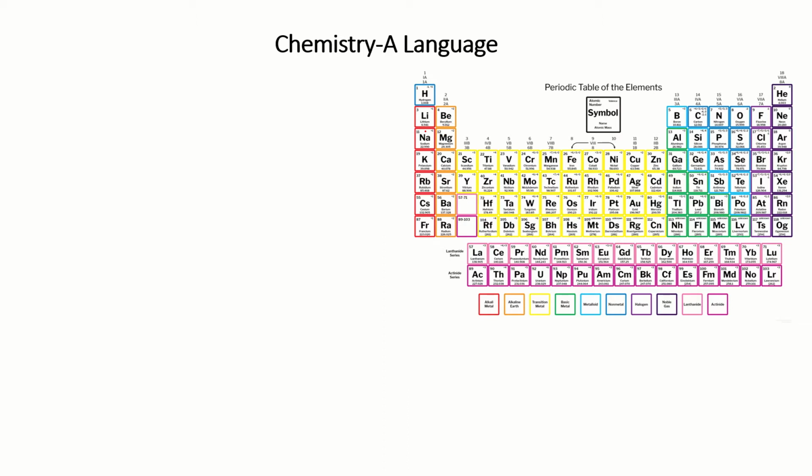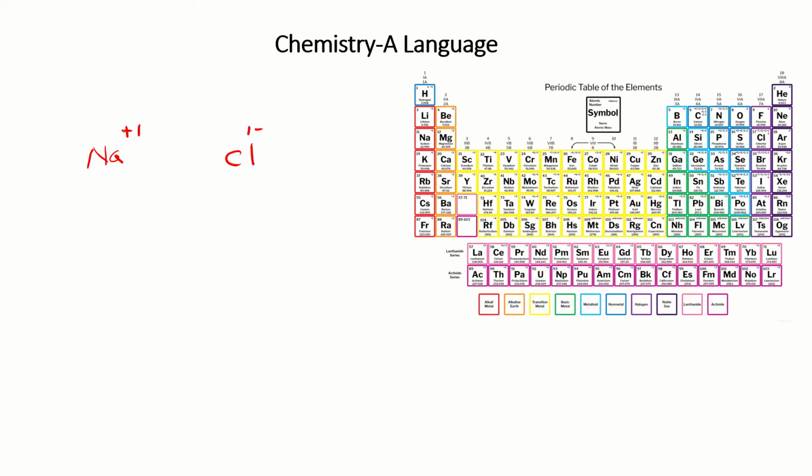For example, if I take simple ionic compounds like sodium chloride, sodium you can find in group 1. So by now, you know group 1 elements make +1 charge, and if we think about chlorine, it's in group 7, and group 7 elements make -1 charge.